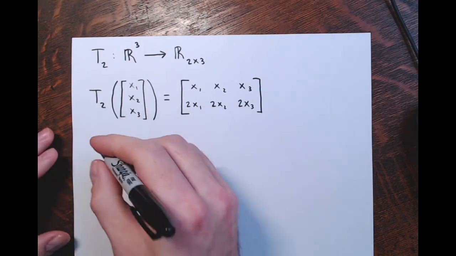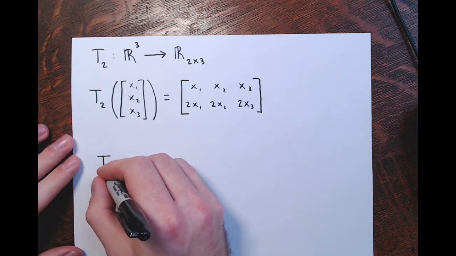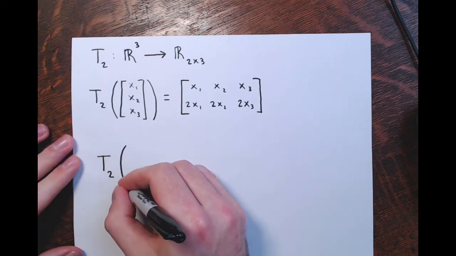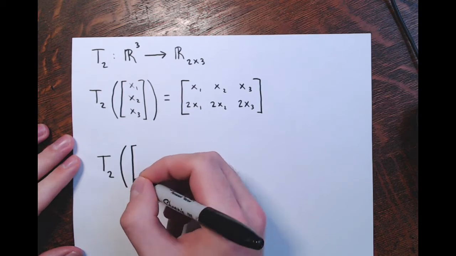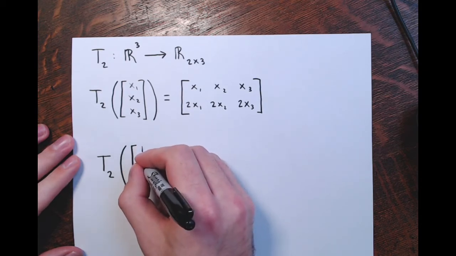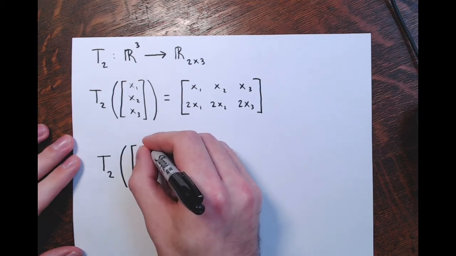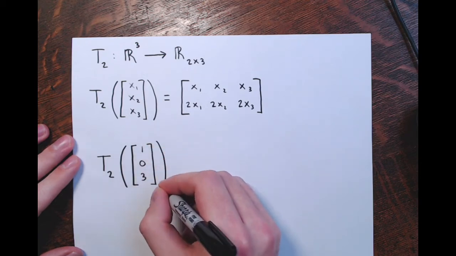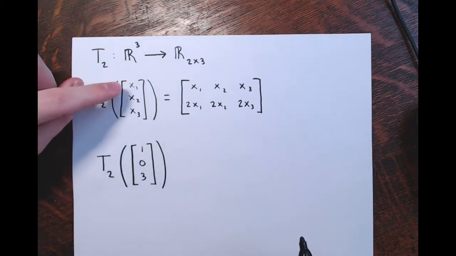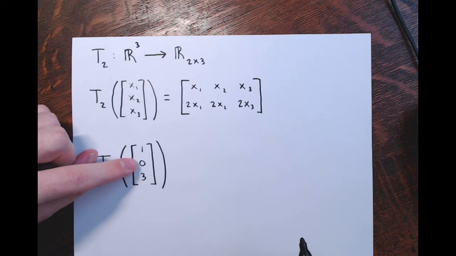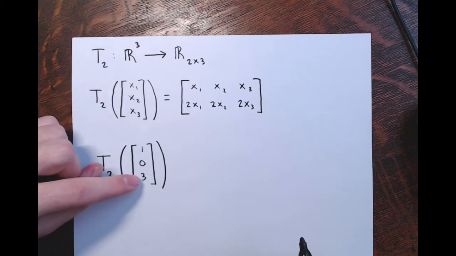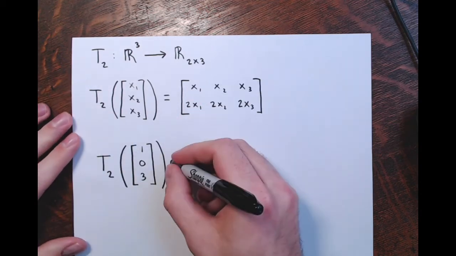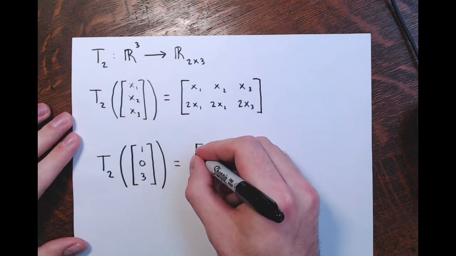Right. And then we were asked to find, what's the value of T2 when the input is the vector with components 1, 0, 3. All right, so 1 is the x1, 0 is the x2, 3 is the x3, and we just make those replacements on the other side and we get our output.